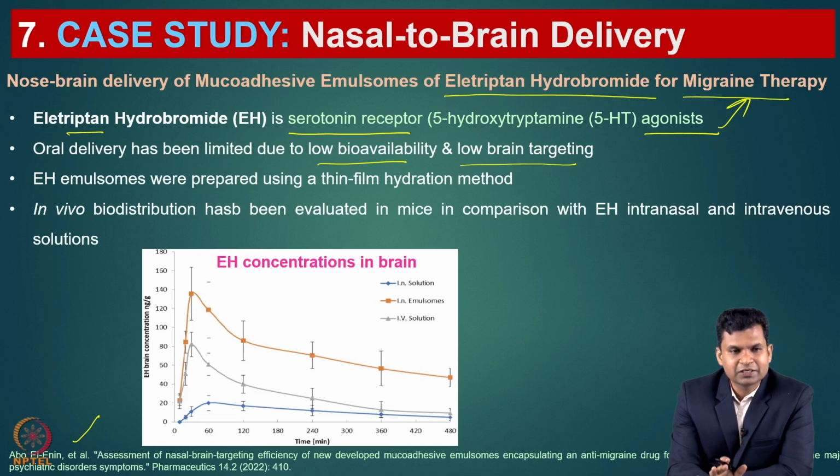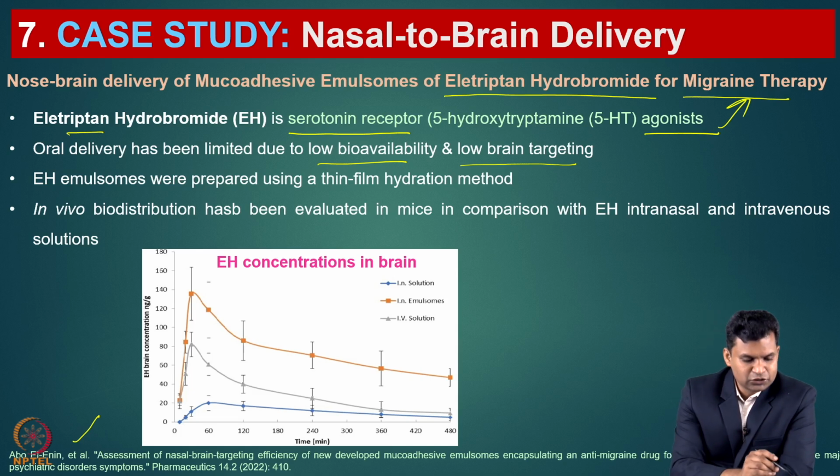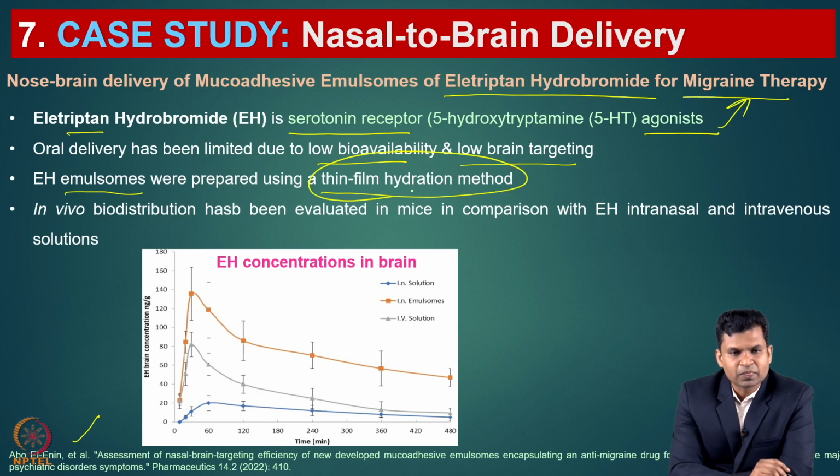So, to overcome these challenges, researchers converted this into a solubilized form as emulsomes by using various phospholipids by the thin film hydration method. With that the solubility can be improved.